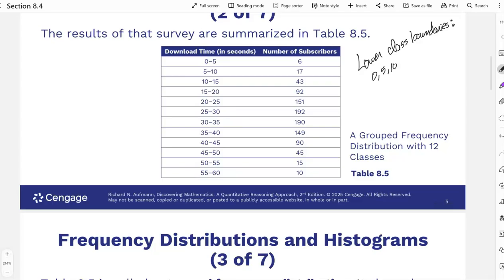Just the lower end of each class. And then we could talk about the upper class boundaries, and that's just the upper limit for each class. So 5, 10, 15, 20, and so on.